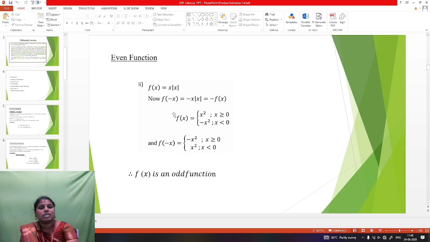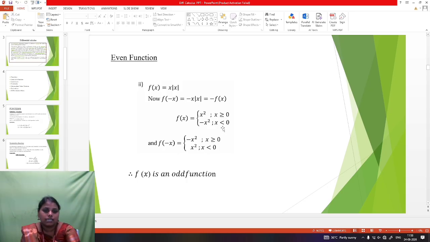The next one: f of x equal to x square for x greater than or equal to 0, and f of x equal to minus x square for x less than 0. The first case is x equal to 0 or greater than 0: 0, 1, 2, 3, 4 values.